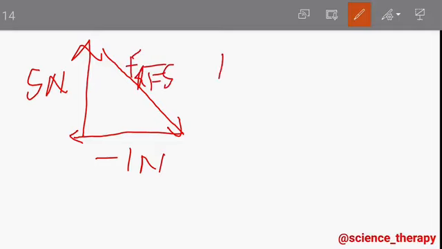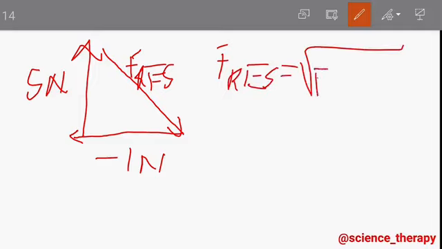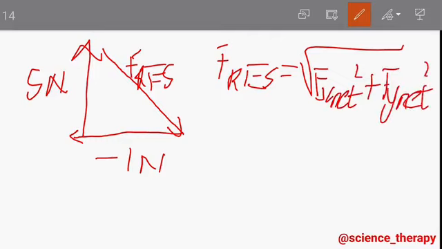Now to calculate, we say F-res or F-net, the way you like it, equals the square root of Fx net squared plus Fy net squared.